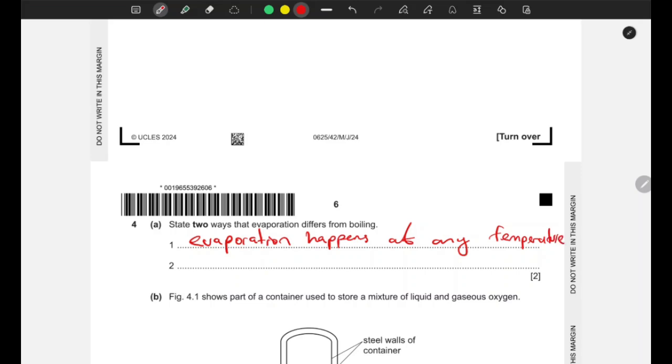And the other one is evaporation is only on the surface of the liquid.